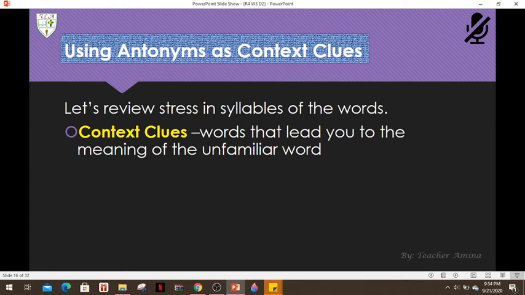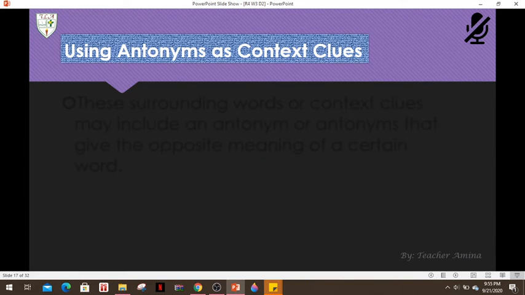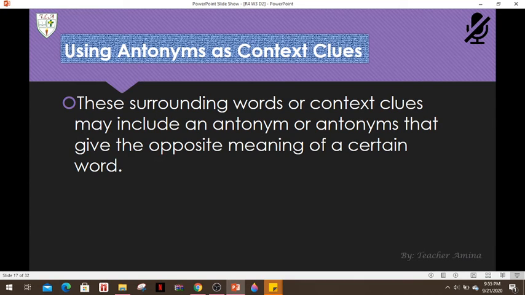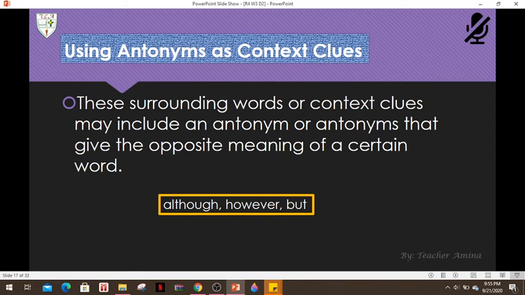Context clues are the words that lead you to the meaning of the unfamiliar word. These surrounding words may include an antonym that gives the opposite meaning of a certain word. The antonym can lead you to the meaning of the unfamiliar word.